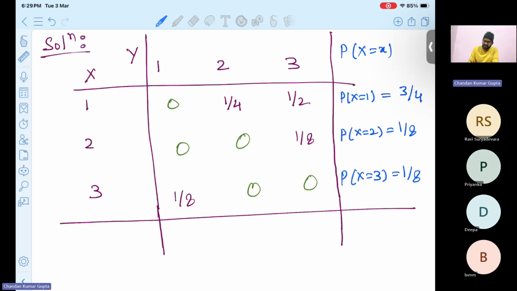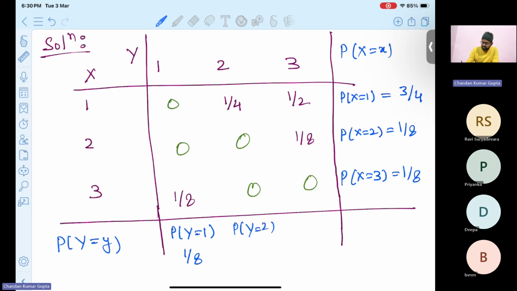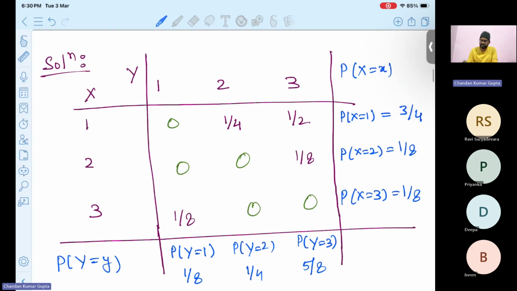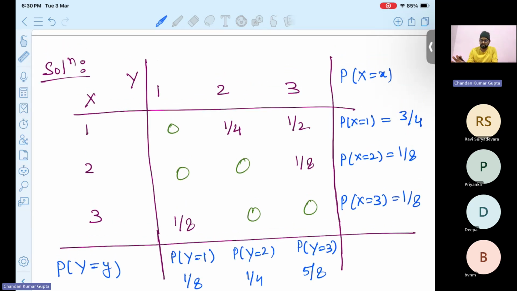Similarly for Y, the probability that Y equals 1 comes out to be 1/8, the probability that Y equals 2 is 1/4, and the probability that Y equals 3 is 5/8. Now the first step is to make sure this is a valid joint distribution.